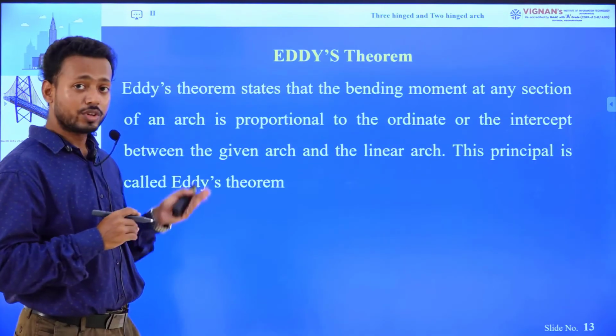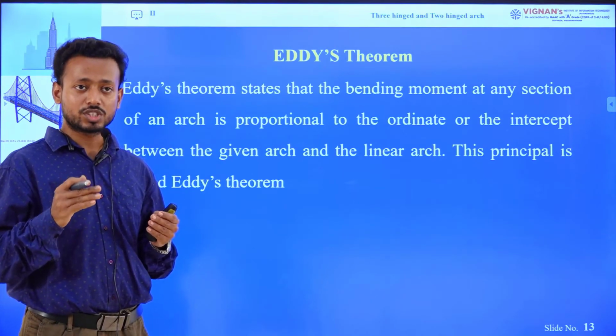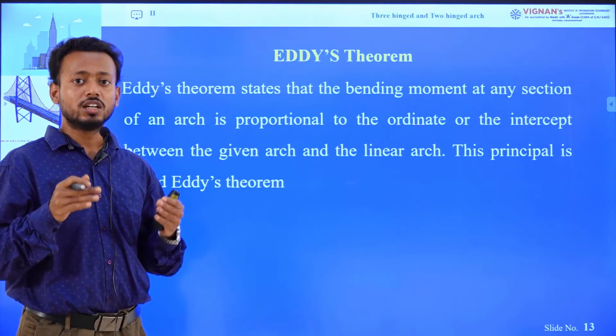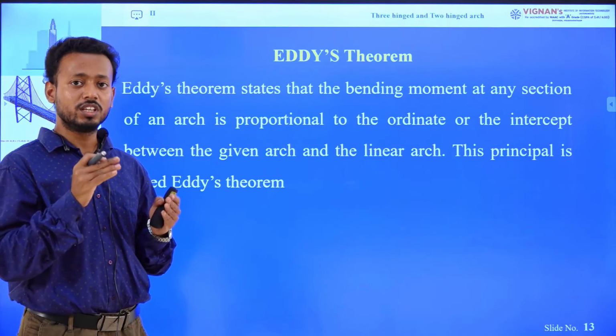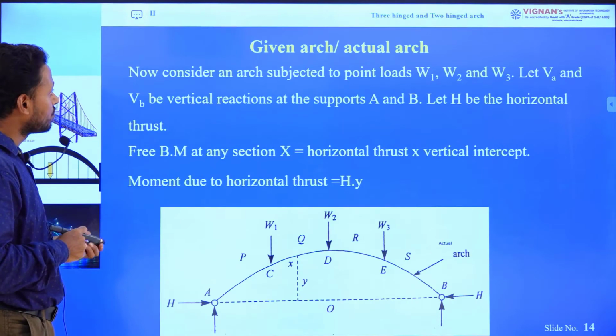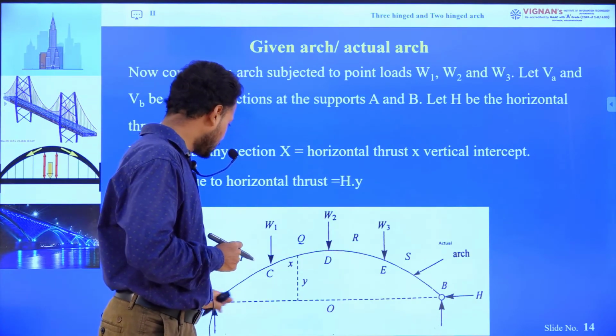So according to Eddy's theorem, what we have learned, the bending moment at any cross section of an arch structure is proportional to the difference of ordinate between the given arch and the linear arch. Here we have the given arch, whose shape is curved.